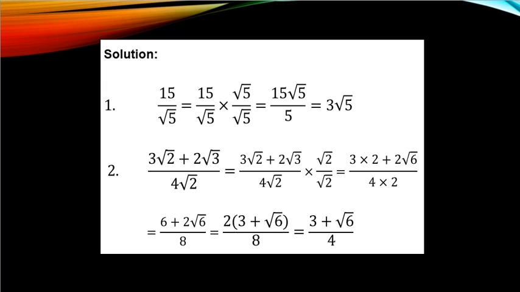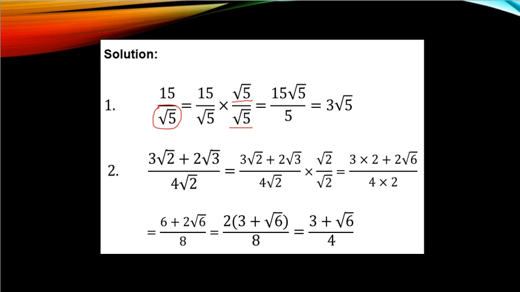Number 1, when you are rationalizing a surd such that you have a single irrational number in the denominator, our aim is to change it to a rational number, and to do that you use the irrational number to multiply both numerator and denominator. That's all you do.